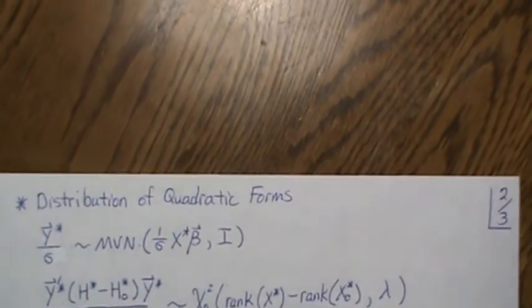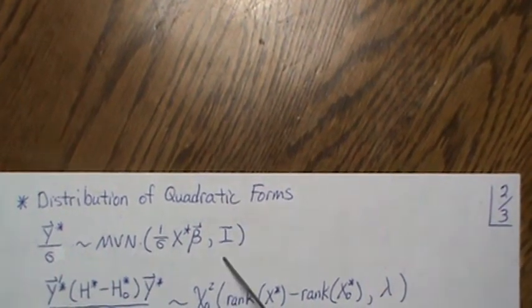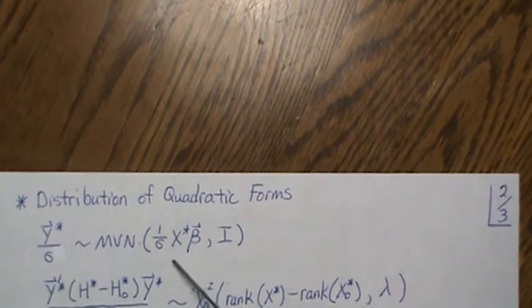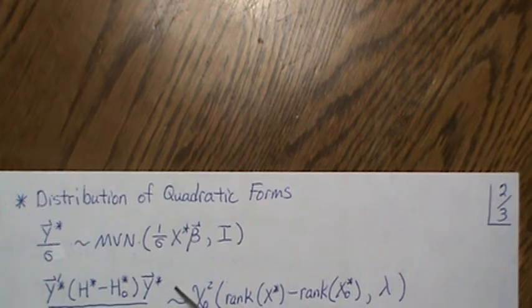So now we need to look at some distributions of some quadratic forms. And I actually have a video called Distribution of Quadratic Forms if you want to look at some of the theorems that we're going to be using in this video.